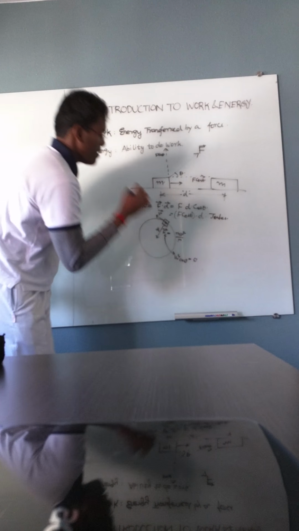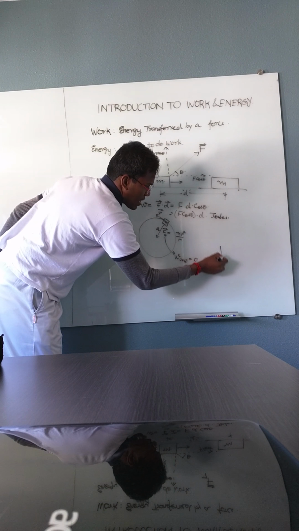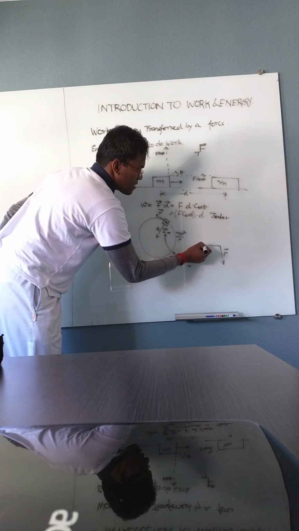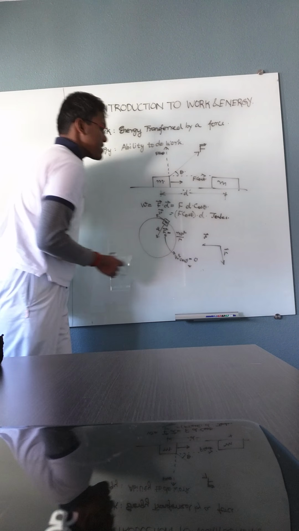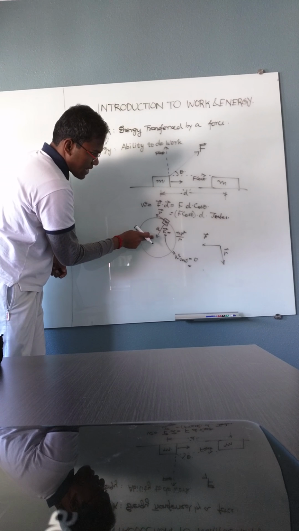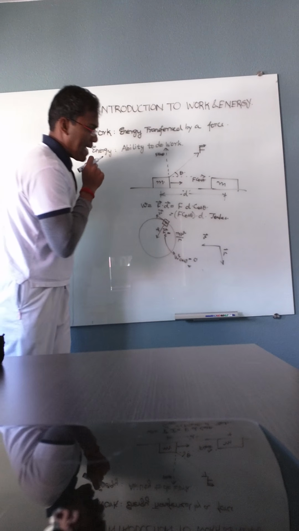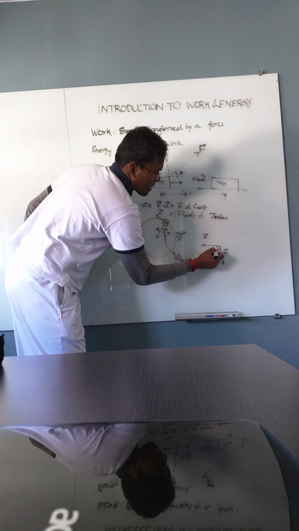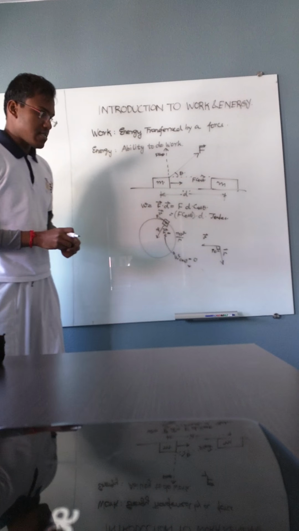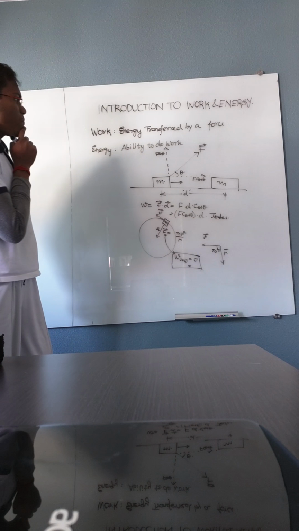Why is that? Because the centripetal force is acting inwards along the direction of the radius, but the velocity is along the tangent. At any instant the body is in circular motion, you have centripetal force along the radial direction and the velocity along the tangential direction, and because of this there is an angle of 90 degrees between them, and cosine of 90 becomes 0. So the work done by the centripetal force becomes 0.